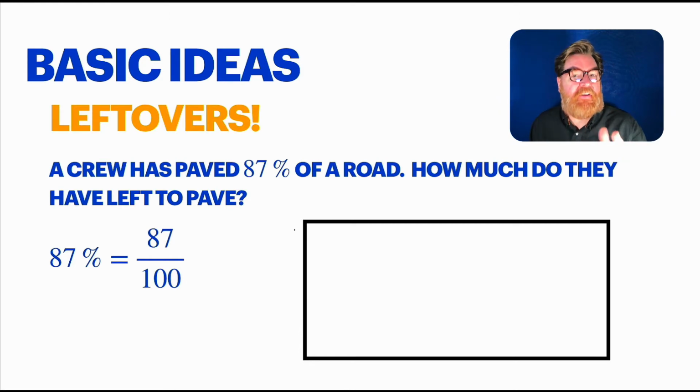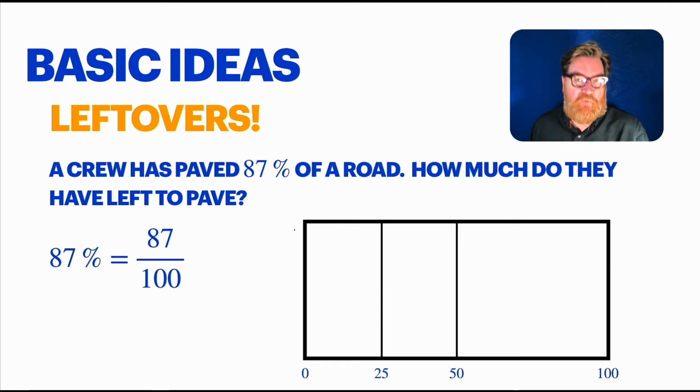87%. Now I'm going to benchmark this one. So there's 0 pieces. There's the 100th piece. Here's our famous benchmark. Halfway, that would be the 50th piece. Okay, let me do one more half benchmark like we've done. It's 25. That's what the 25th piece would be. So 25, 50, 75.